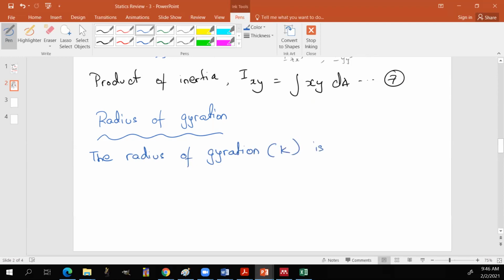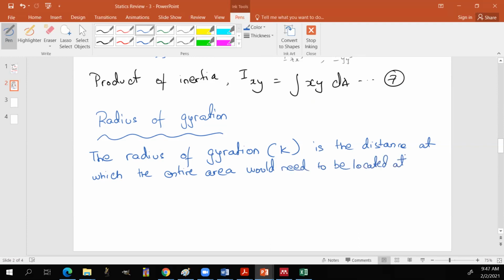The definition is that it is the distance at which the entire area would need to be located to give the same moment of inertia as the actual area. What does this mean? Just a bunch of words.